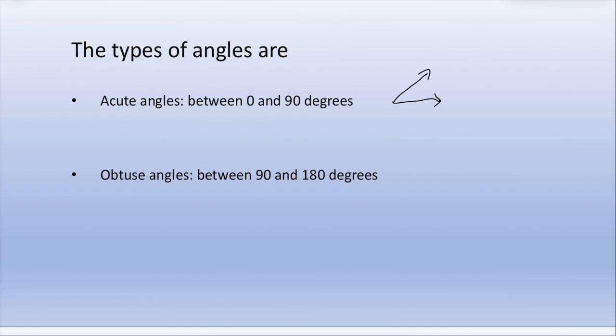Obtuse angles are wider than that. Now they keep mentioning 90, so let's just talk about that for a minute. A 90-degree angle makes a perfect L. So like a perfect corner of a piece of paper, a perfect L. Okay, so that's 90 degrees.